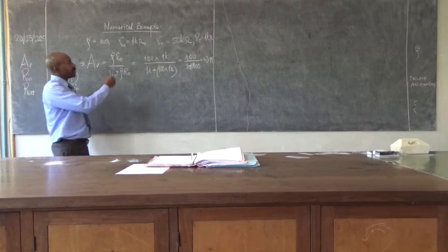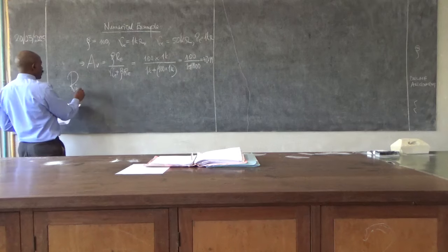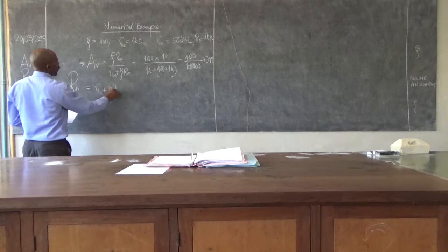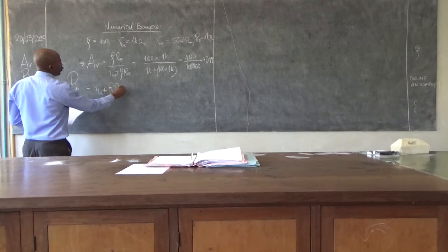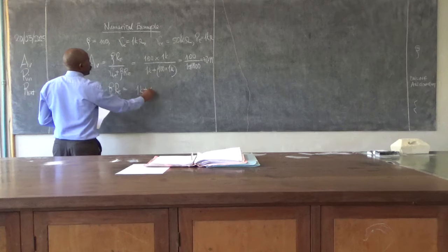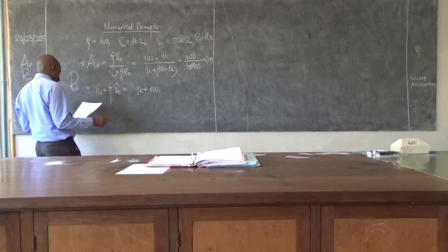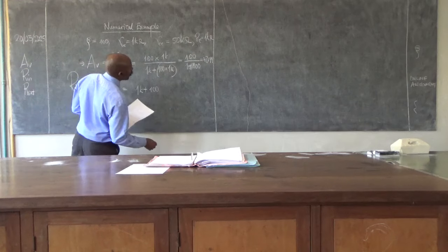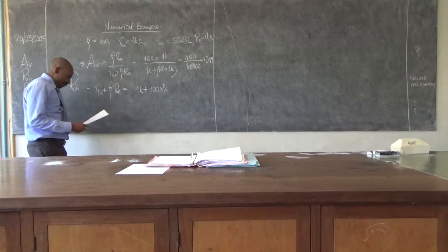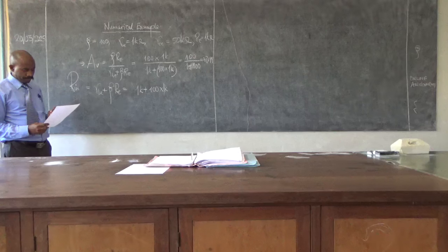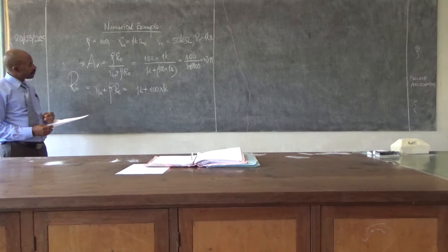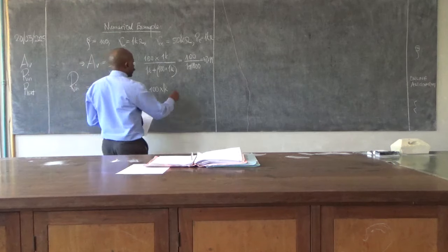So for this example, with these values, the input resistance Rin would be the same as RBE plus beta RE, which is 1K plus 100 times RE, which is 1K. This would be the same as 101K.